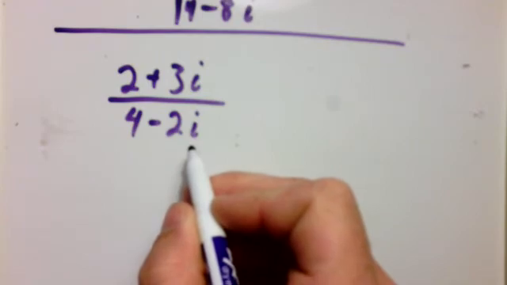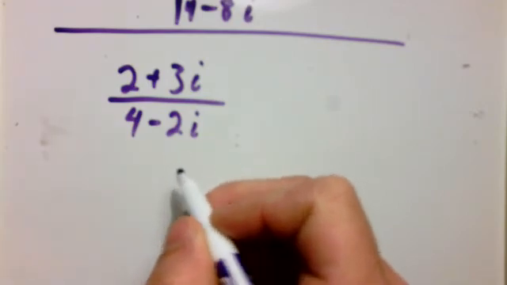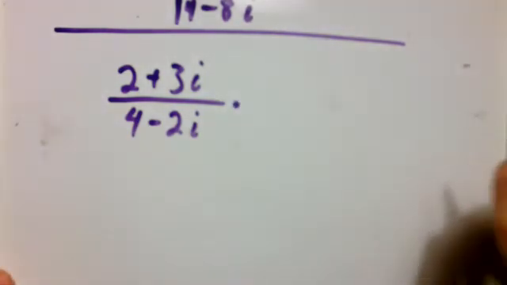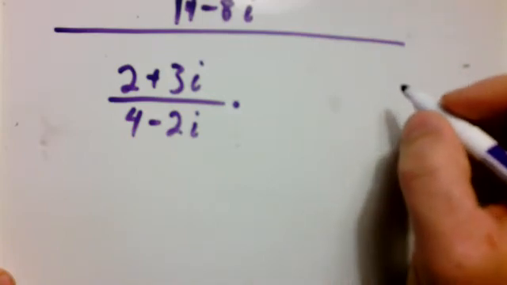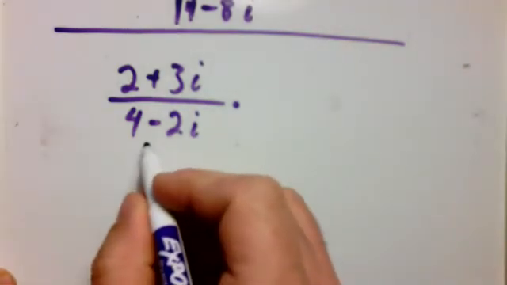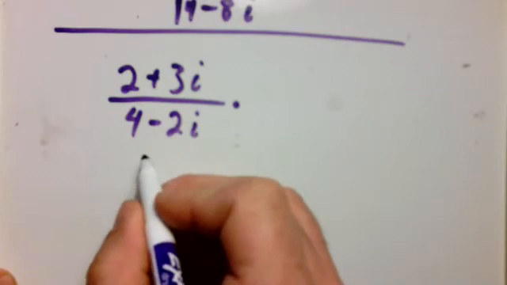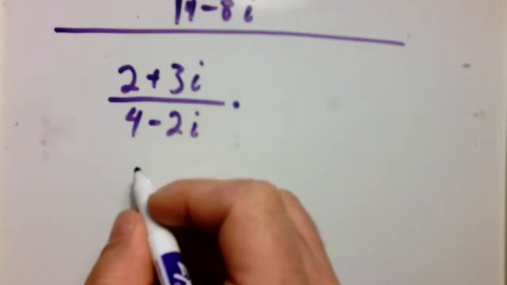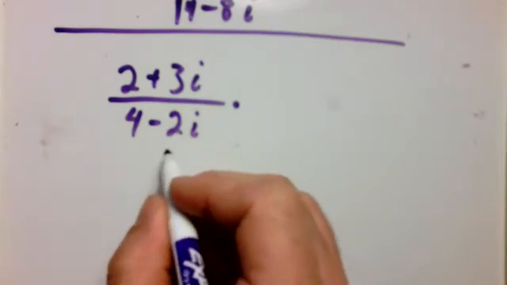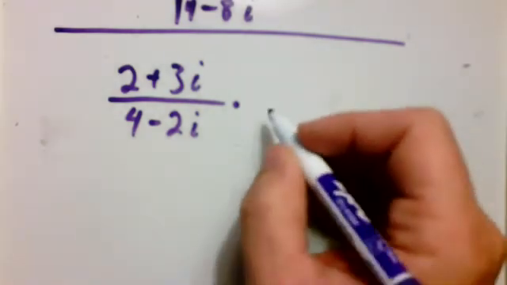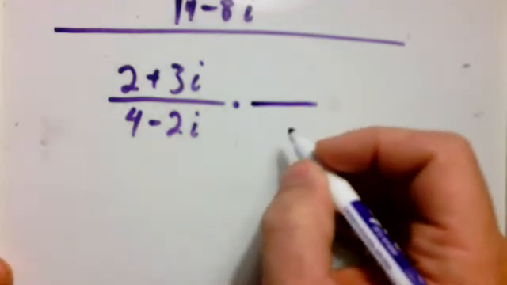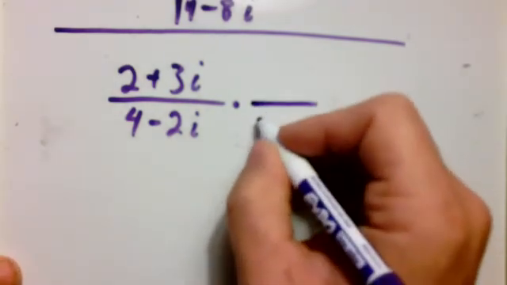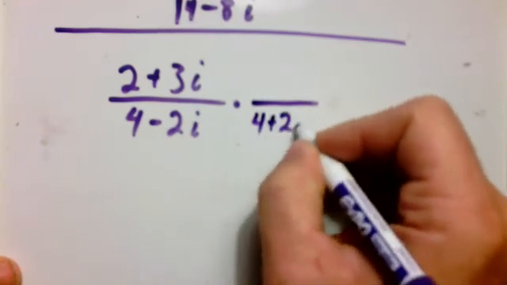So I've got to multiply by something very special here, something that's got a special name. Anybody remember that name? Jenna, you remember that name? The conjugate? Yes. What is the conjugate? 4 plus 2i.